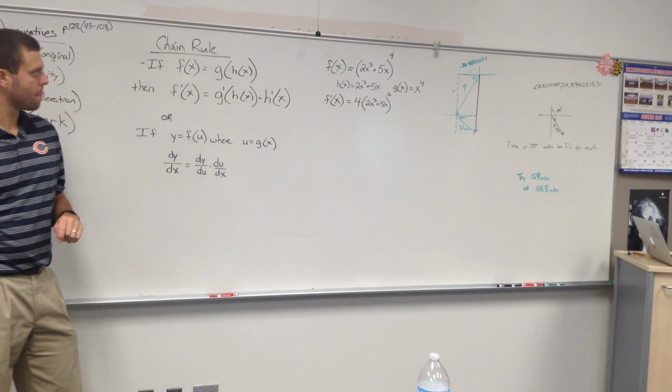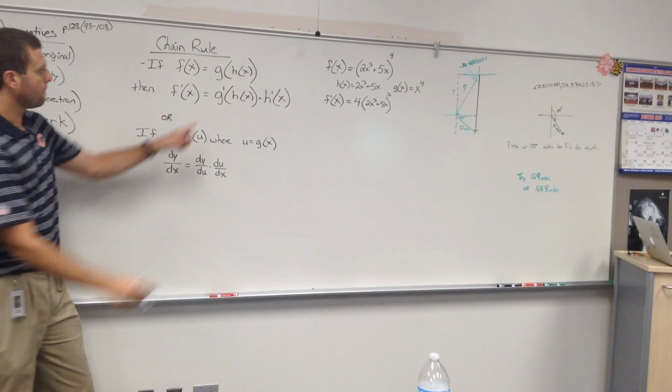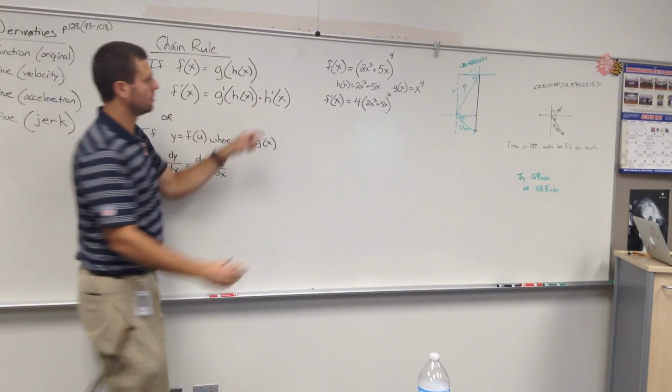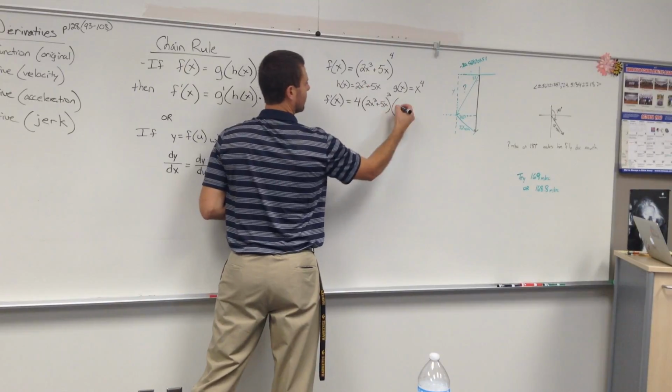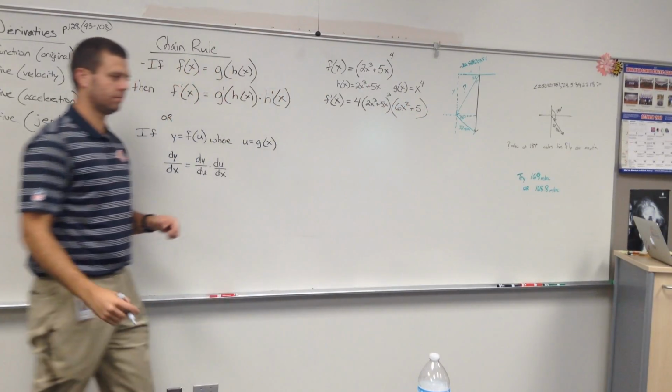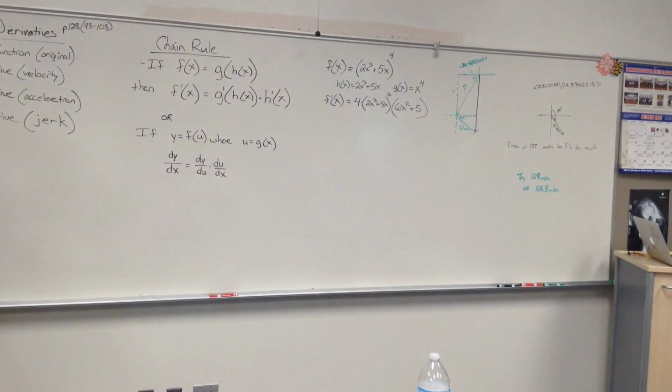But then I just need to take that times the derivative of h: 6x squared plus 5. And there's the chain rule. We're going to simplify it, but you're basically done. That's an example of the chain rule.